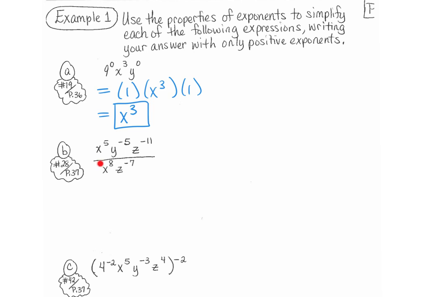As we are dividing, if we have x to the 5th over x to the 8th, that's the same thing as x to the what? So here, we can rewrite this as x raised to the 5 minus 8. y is just raised to the negative 5, yes.